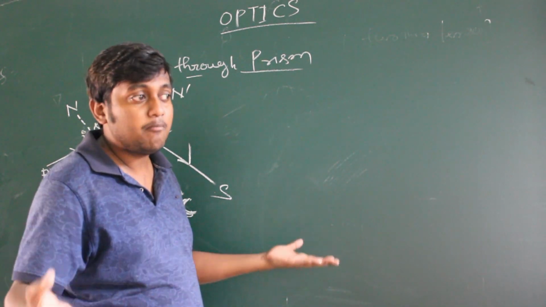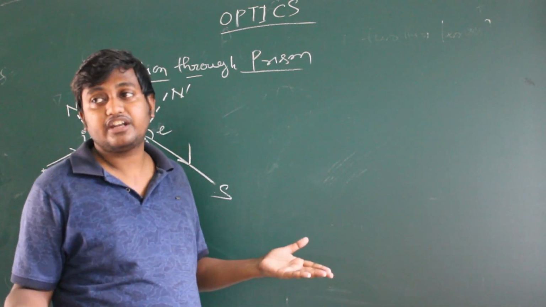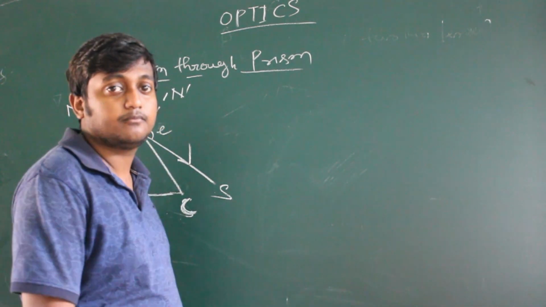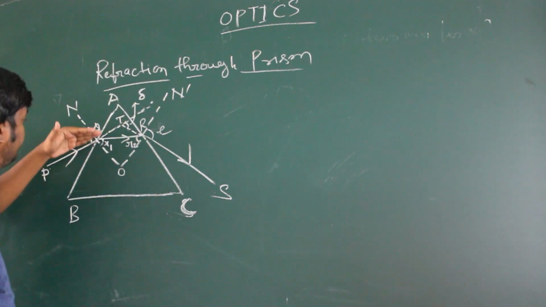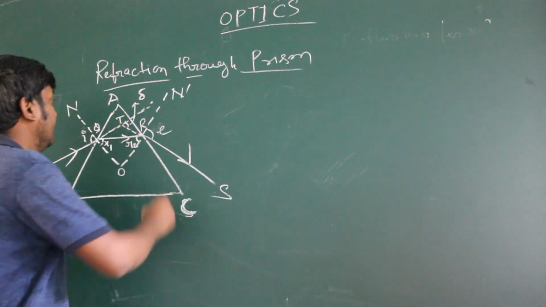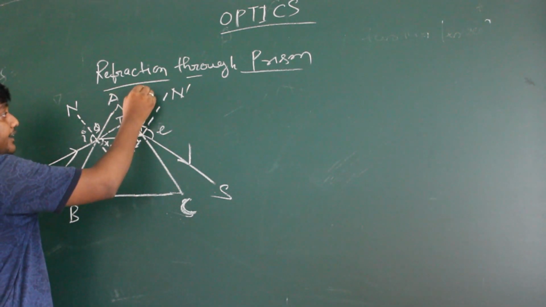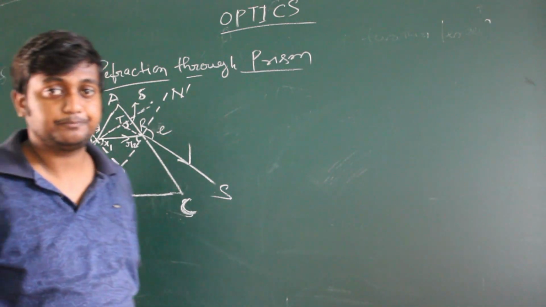That means how much the emergent ray is deviated from the incident ray. Okay, that means this angle. If we extend this and extend the emergent ray, then the angle we consider is taken as delta, and delta is called the angle of deviation.